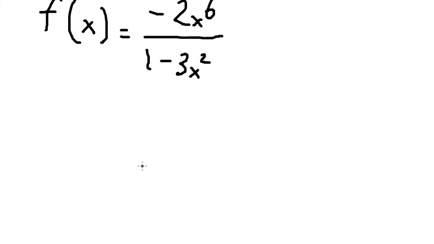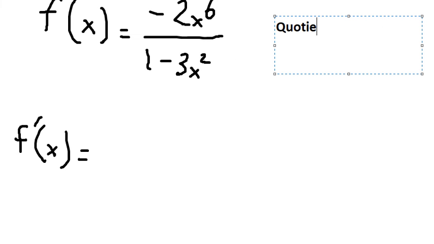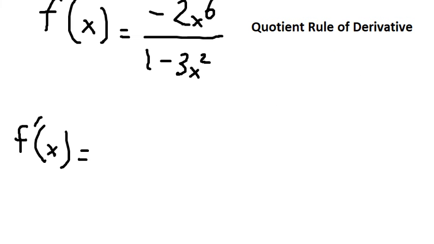So the next one, we need to first find the derivative of the function. So this is about the quotient rule of the derivative. So that should be y equals a over b.